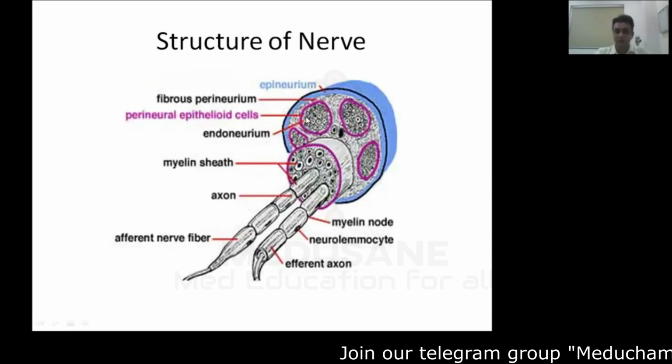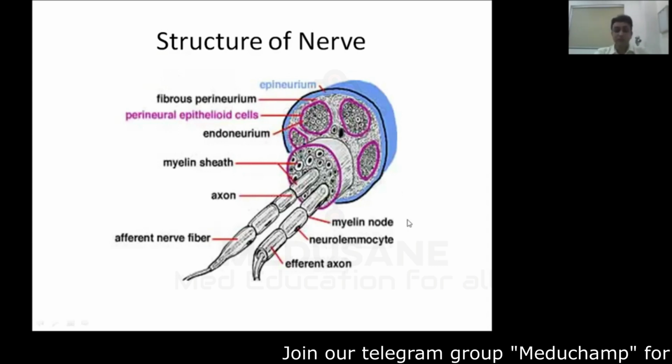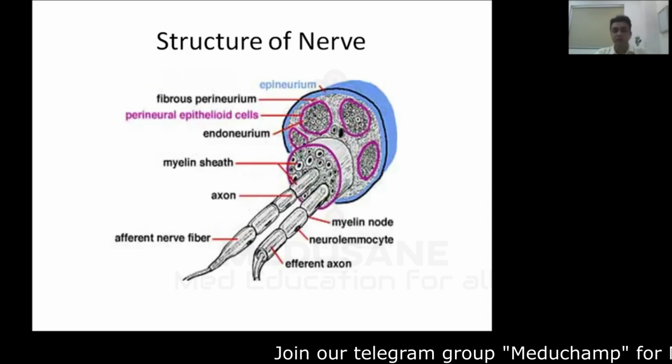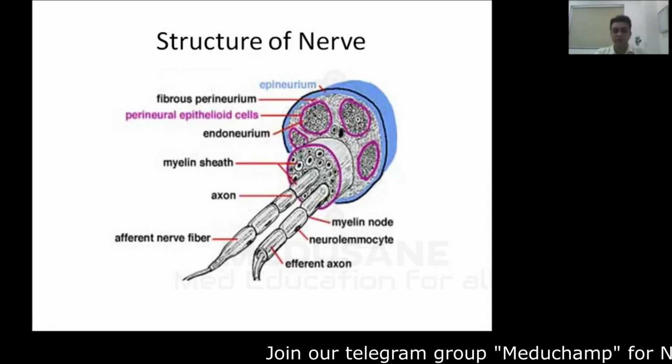Then there is endoneurium, and in the endoneurium there are nerve fiber bundles. The endoneurium is again surrounded by a fibrous perineurium, and then the entire nerve is ultimately surrounded by epineurium. So these are the layers of any nerve, the composition, the structure of any nerve.